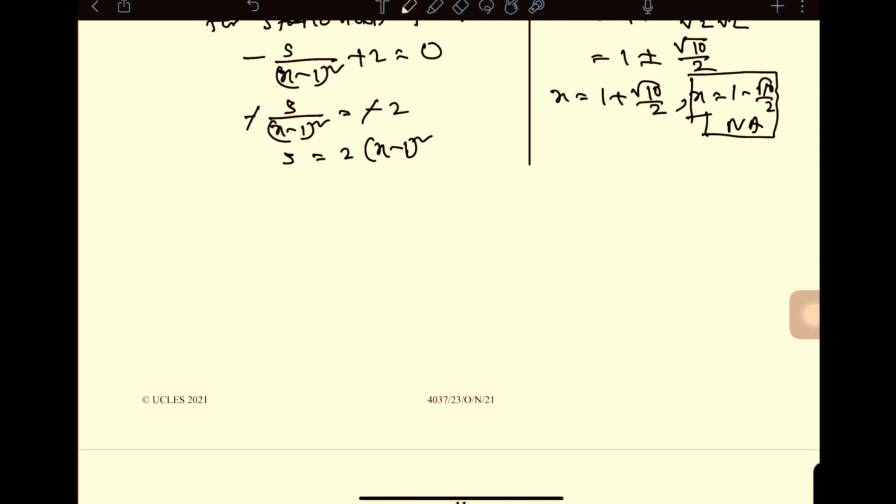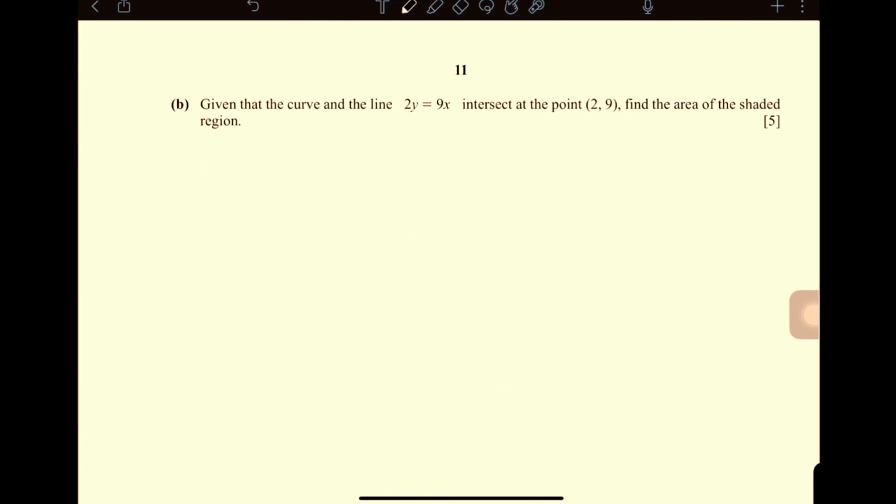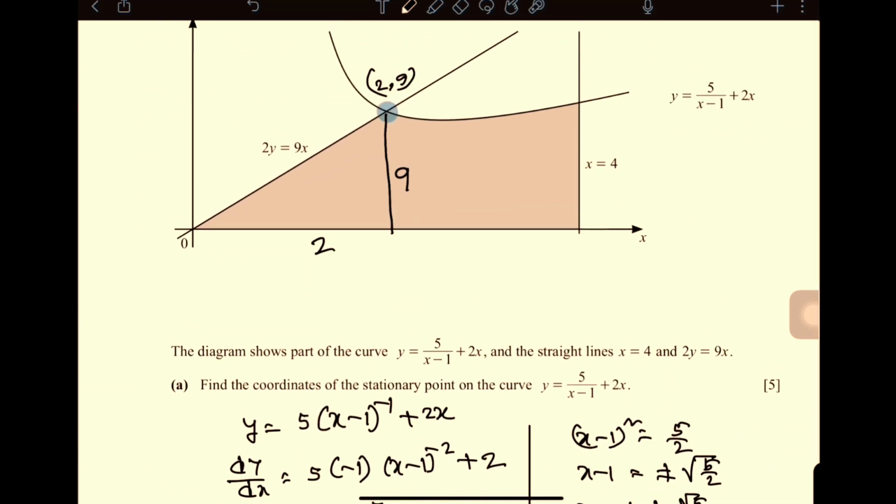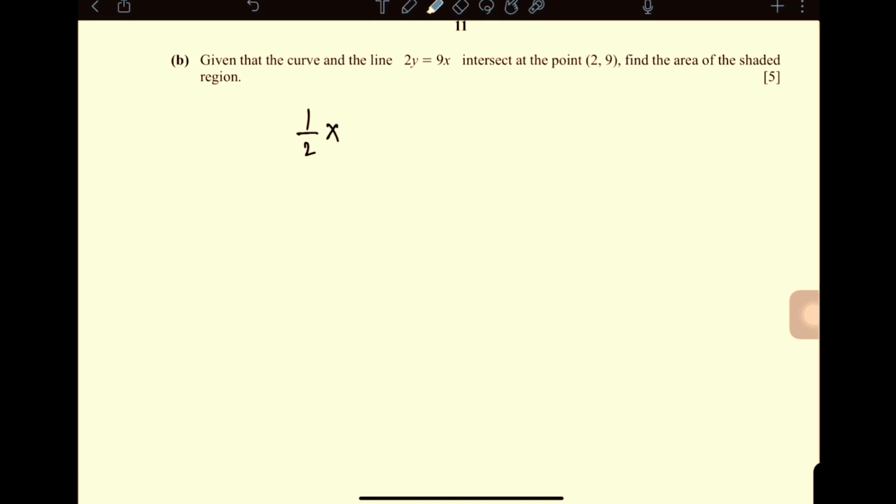So we can write area of triangle is half base into height. Half, base is here 2 and height is here 9. So we can write half into 2 into 9. This is the area of triangle.